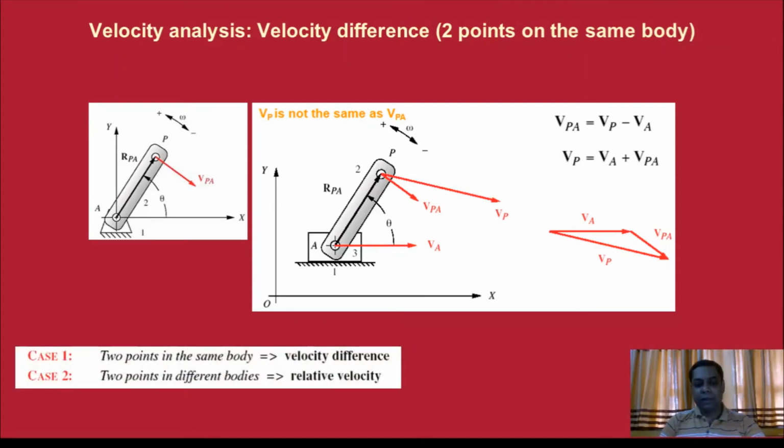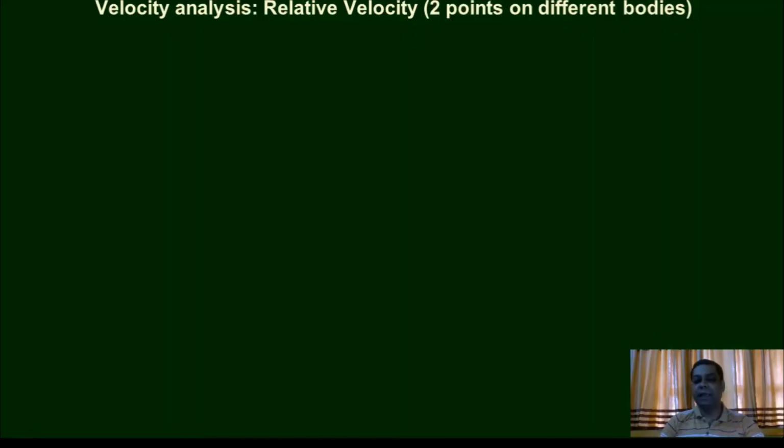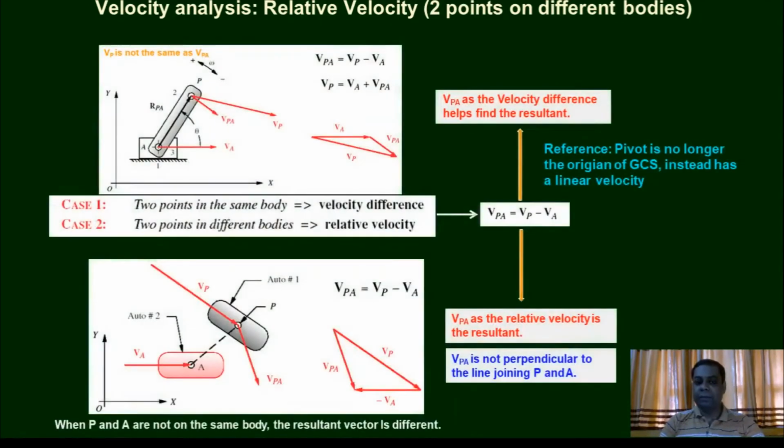Now case 1, that is 2 points in the same body, that is velocity difference, and case 2, 2 points in different bodies, that is called the relative velocity. Therefore Vpa is nothing but the difference between the velocity of P and the velocity of A, that is Vp minus Va. The next thing, velocity analysis: relative velocity of 2 points in different bodies.